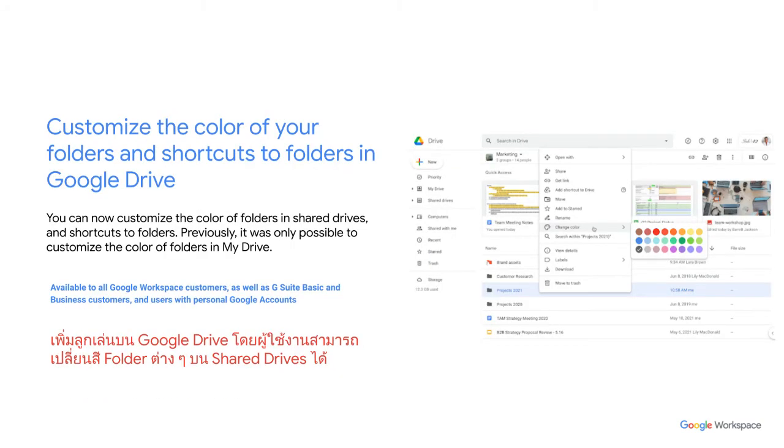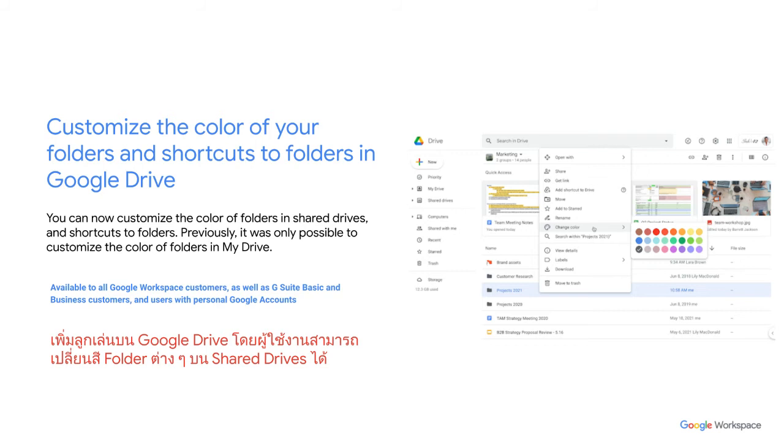The next one is the customization of colors that can be applied to folders on Google Drive. This feature was there for a while, but previously it was only possible to customize the color of folders in My Drive. But with this launch, we are extending this feature to shared drives and also to shortcuts to folders.